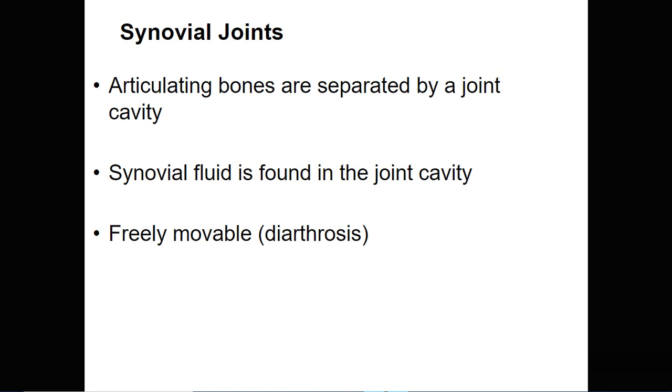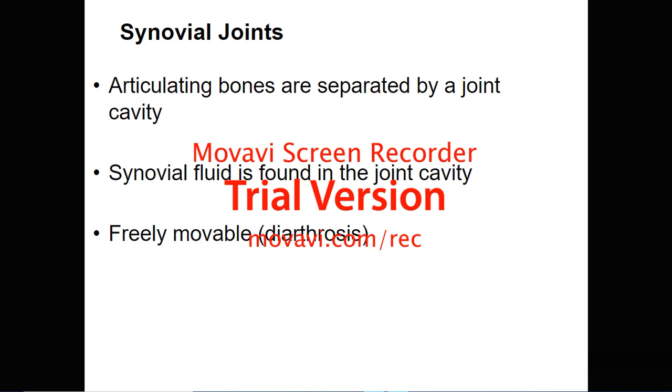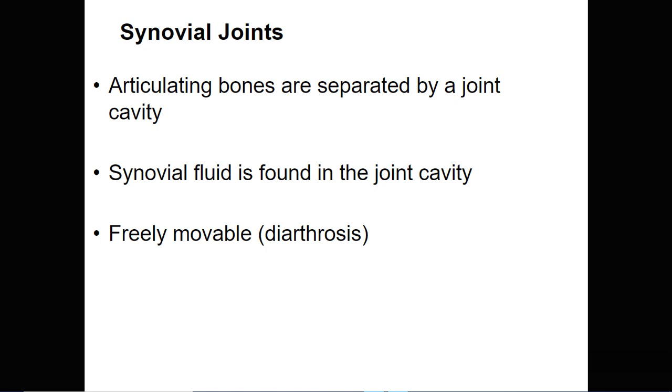Remember these terms that we talked about. If a joint is freely movable, we use the term diarthrosis. Just to review, if a joint is not movable, which we talked about with the fibrous joints, we use the term synarthrosis.